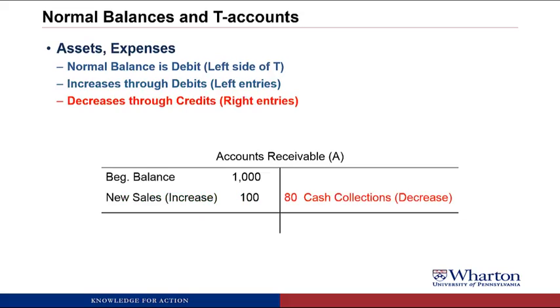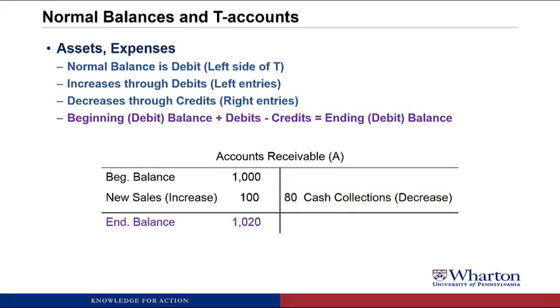The customers don't owe us the cash anymore because they paid us, so the account has to go down. We reduce accounts receivable with a credit. We reduce a debit balance account with a credit entry. Then at the end of the period, we draw a line, add up the debits, subtract the sum of the credits, and we get an ending balance, in this case of 1020, which sits on the debit side because, again, it's a debit balance account.